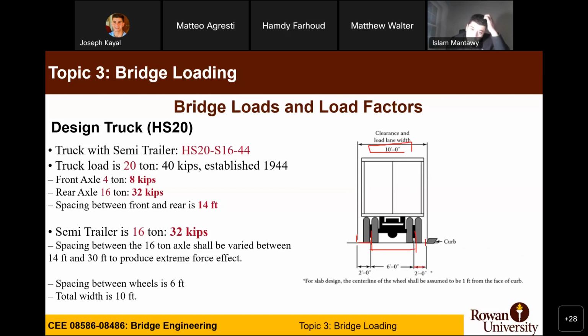Anyone just voluntarily can tell me what is the design lane width? 12 feet. Okay, good. So the lane itself is 12 feet, right? So if you start the lane from here, you actually have freedom to move the truck within 12 feet width, right? However, the truck itself is 10 feet, correct?